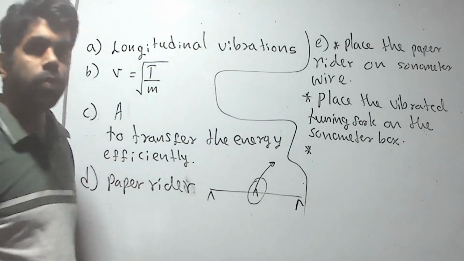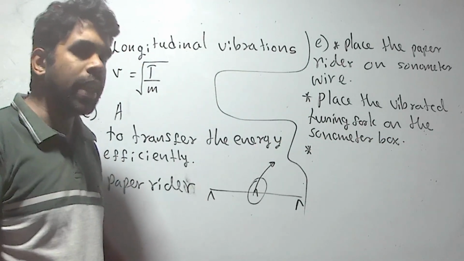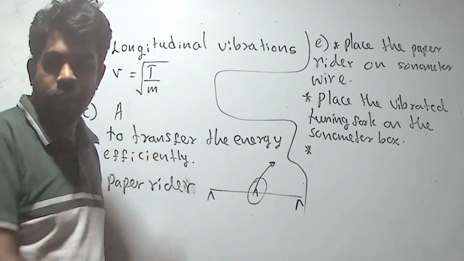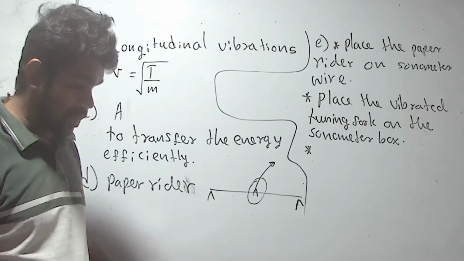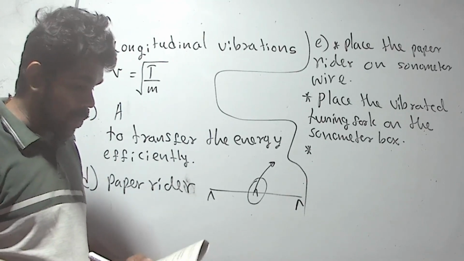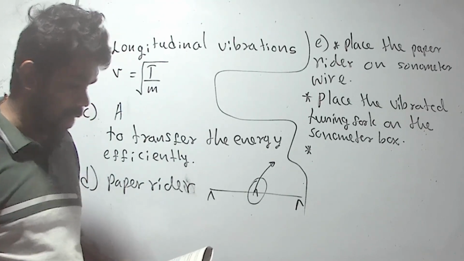Then we have to increase the gap between the two bridges until the paper rider moves away.